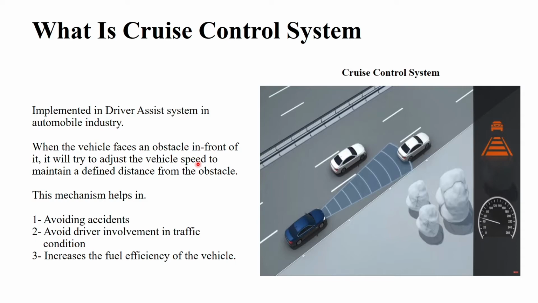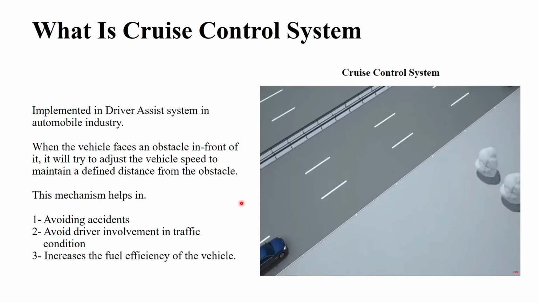When any obstacle comes in front, as you can see in the figure, as you can see in the video here, when the front vehicle is coming very near to the vehicle, then the vehicle starts braking, and it is trying to increase the distance from the other vehicle and be far from it. This way it is trying to avoid different types of accidents that usually happen in a road scenario.